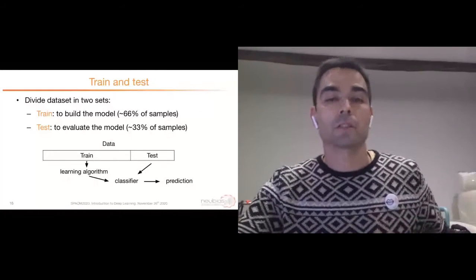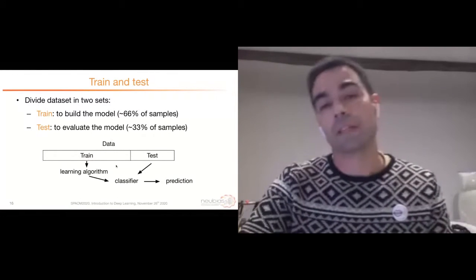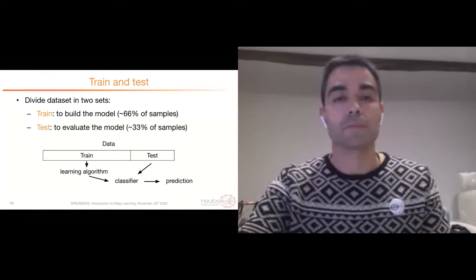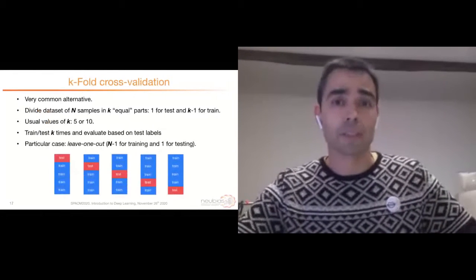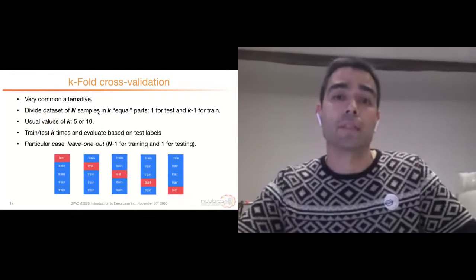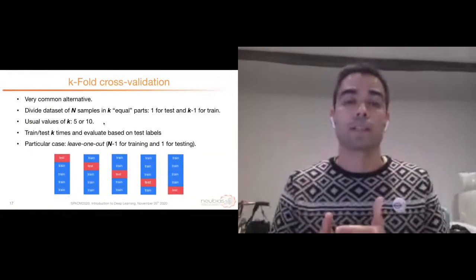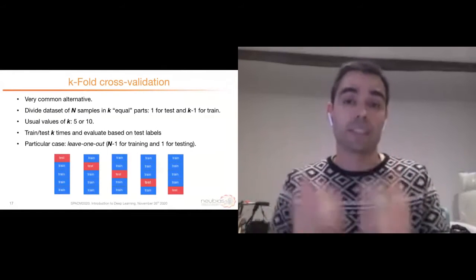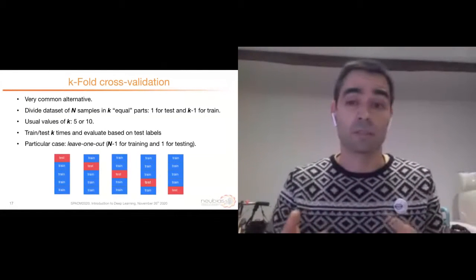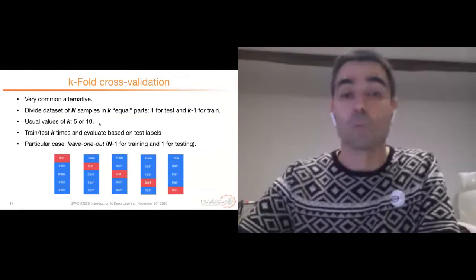If this partition is tough to do, or we don't have enough data, or very few samples, there are other solutions. For example, a very common alternative is called k-fold cross-validation, where we subdivide our data set in k subsets. Usually k is 5 or 10. Here I put an example with 5.